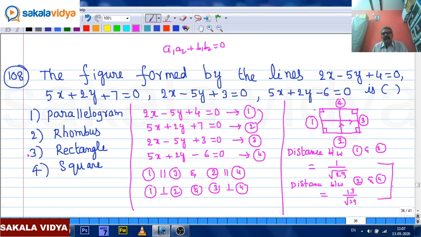They are not same, not equal. Say P, this is Q. P does not equal Q. That is why it is a rectangle, not a square. Rectangle. That means third option is the right option. If the distances between the parallel lines are equal, then that may be a square, but they are not equal. That is why they form a rectangle.